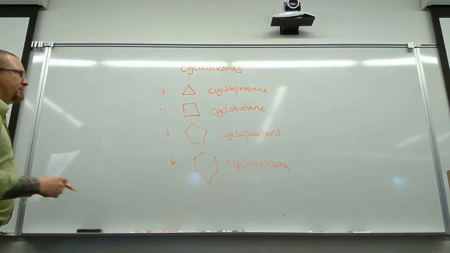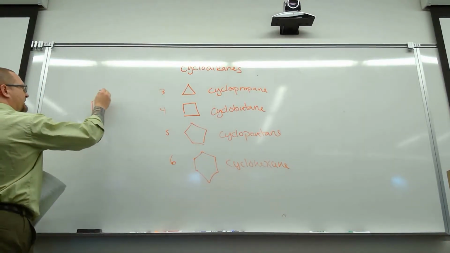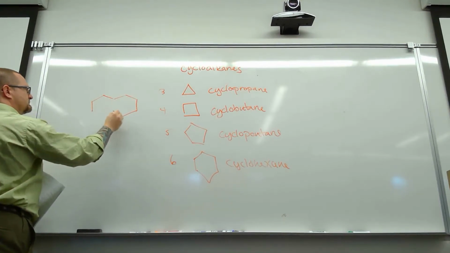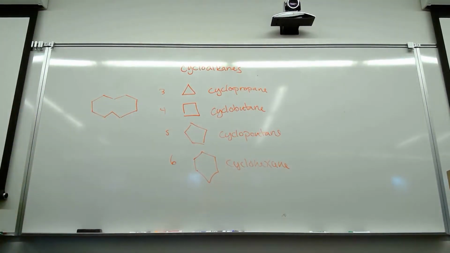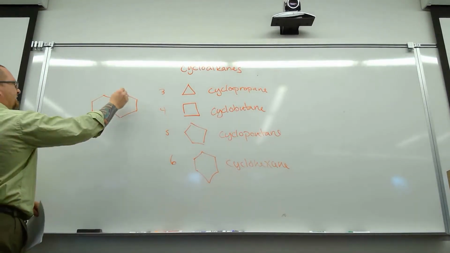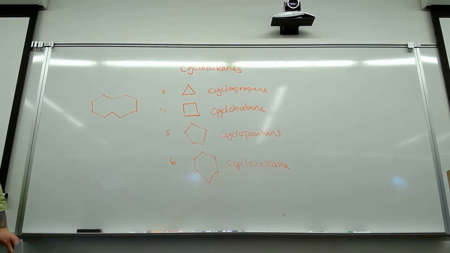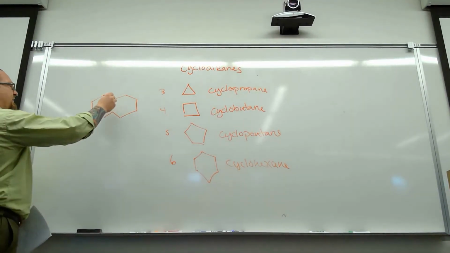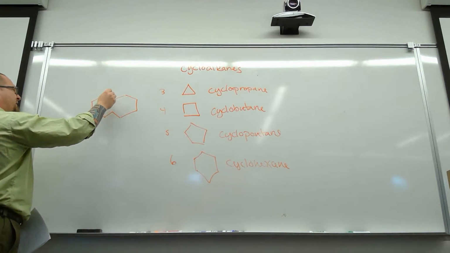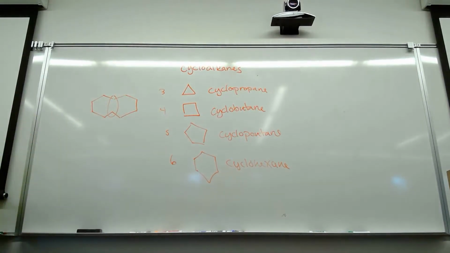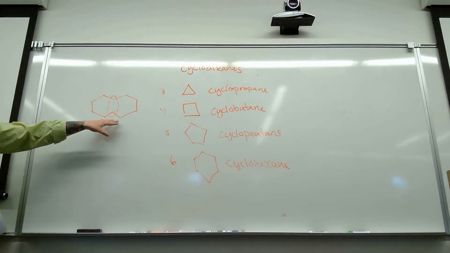For instance, when we have in nature something that looks like this, we have 6, 7, 8, 9, 10. Most of the time, there's a tendency, if you have any functionalization, to close that ring with a reaction. Not always, but commonly. So because of that, these larger ring structures are less common.